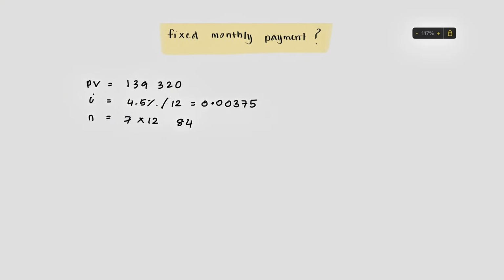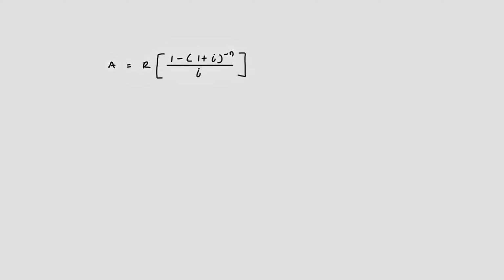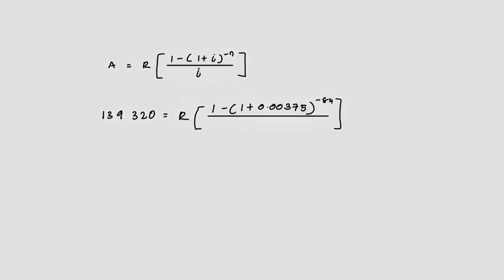84 payments. Now we substitute those values into the present value formula. 139,320 ringgit equals R multiplied by the bracket expression 1 minus (1 plus interest 0.00375) to the power of negative 84, close the bracket, divided by the interest, which is 0.00375.